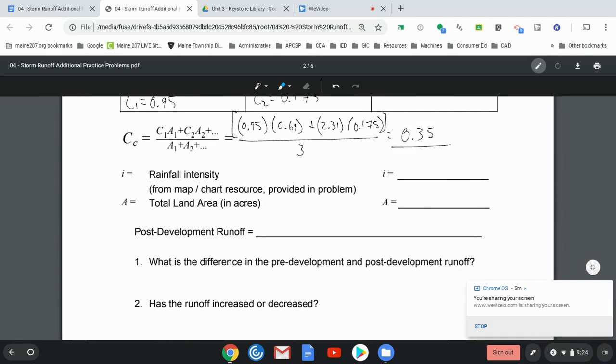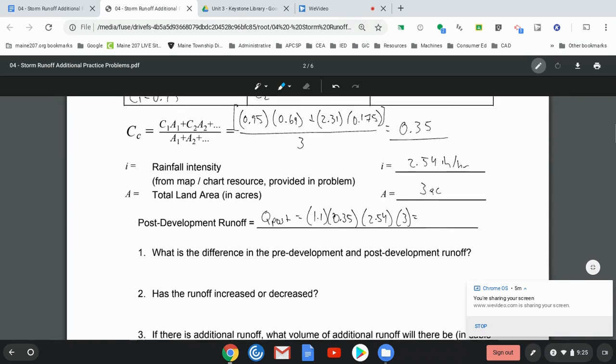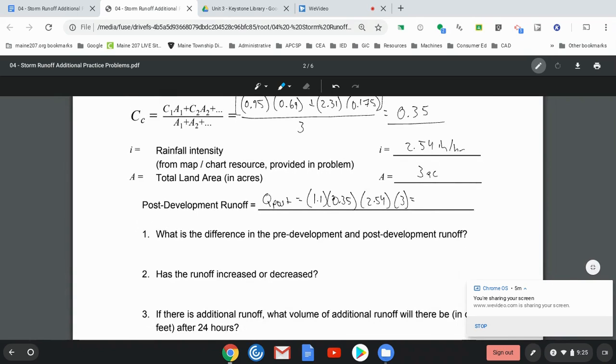I is still 2.54 inches per hour, and the total area of the land is still 3 acres. So Q post is 1.1 times the new C, which is 0.35, times I, which is 2.54, times A, which is 3, and you get approximately 2.93.